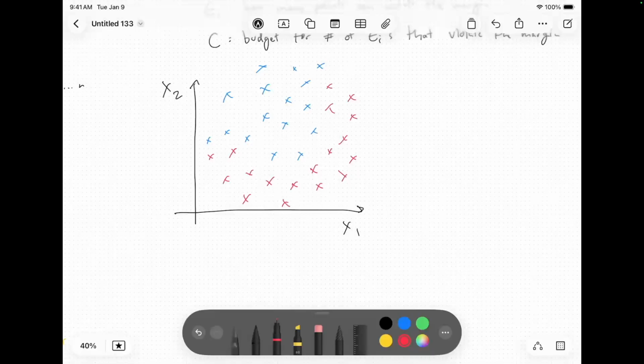How would you like the hyperplane to be oriented here? Yeah. In a nonlinear kind of circle-ish way.